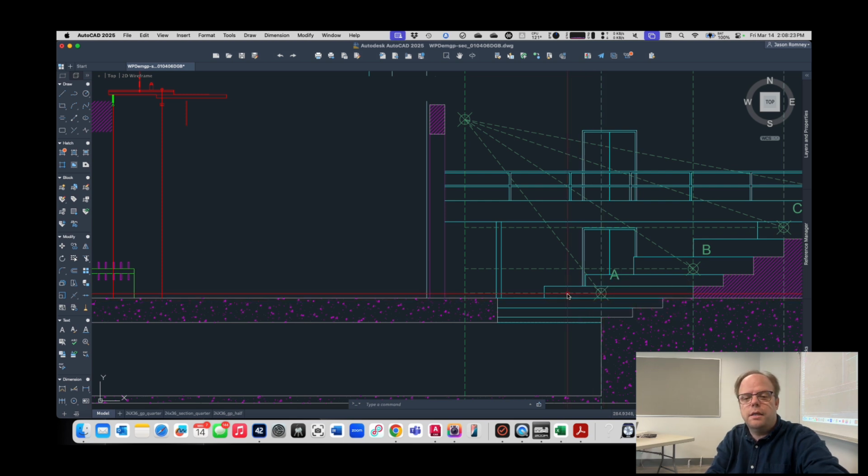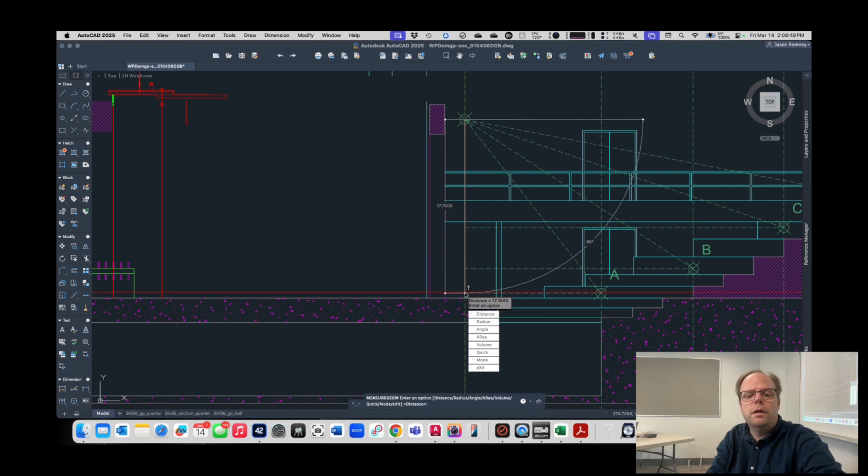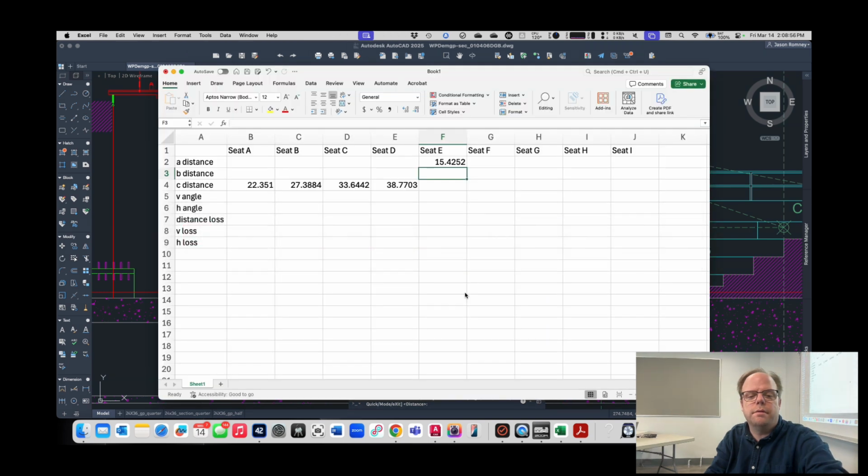So I have this line that is drawn from seat A to a place that intersects with a vertical line coming off of the loudspeaker. So it's this distance from the height of the loudspeaker to the point vertically where it intersects with that line representing the front row. That's the other side of that triangle. That is 17.75.